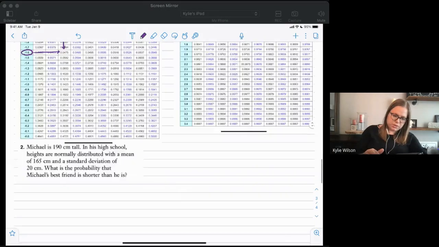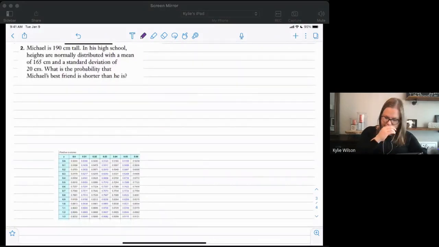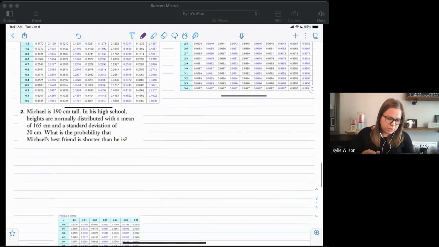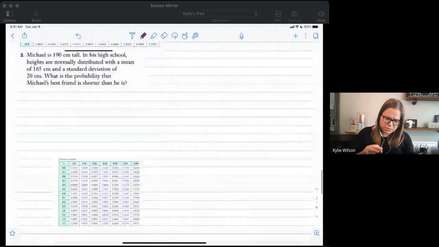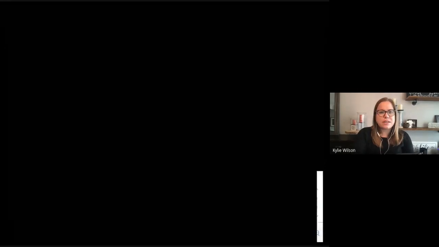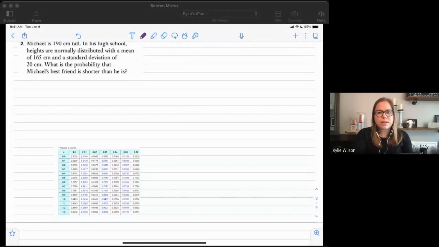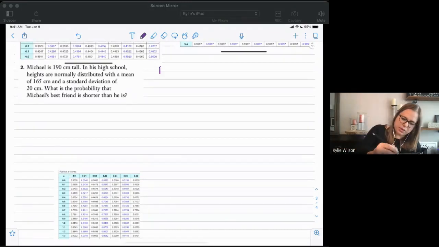So we'll do the first one from the homework. I'll give everybody a second to write this down if you want to. This is the first one from the homework, which is on page 430, number 2.